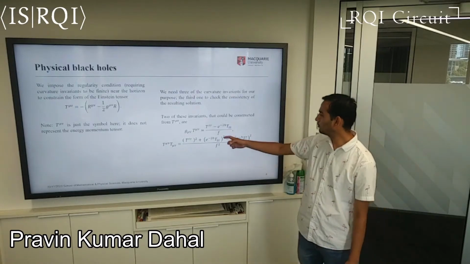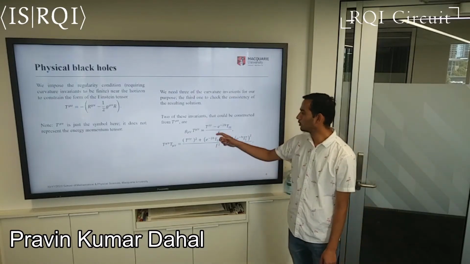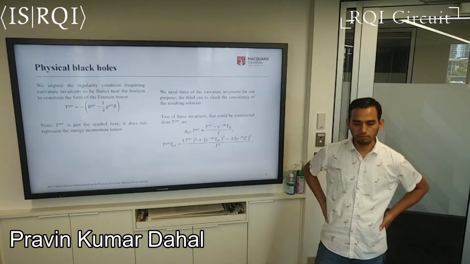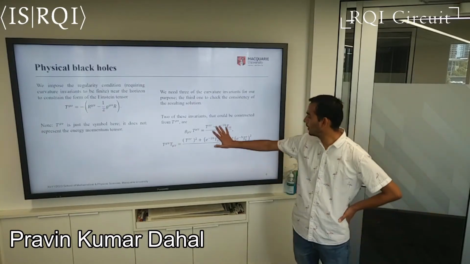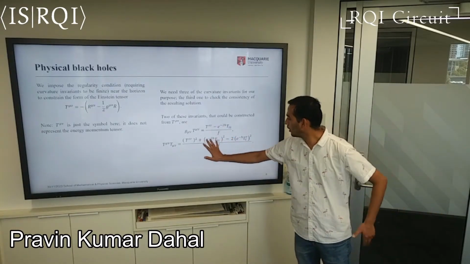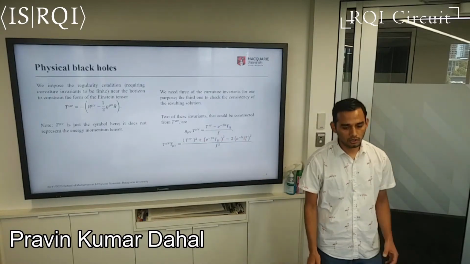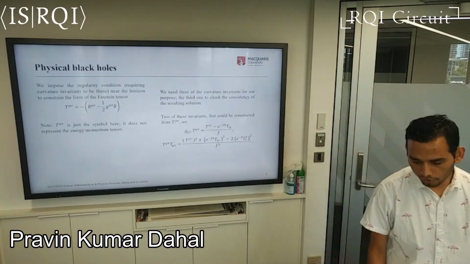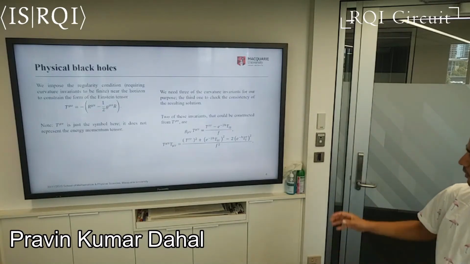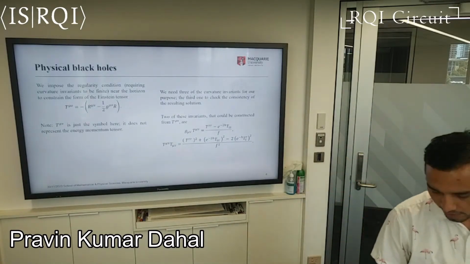For the curvature invariants to be finite at the horizon, we should have some constraint on the quantity in the numerator. Basically, they must be equal in the order of calculations we are considering, for these curvature invariants to be finite.